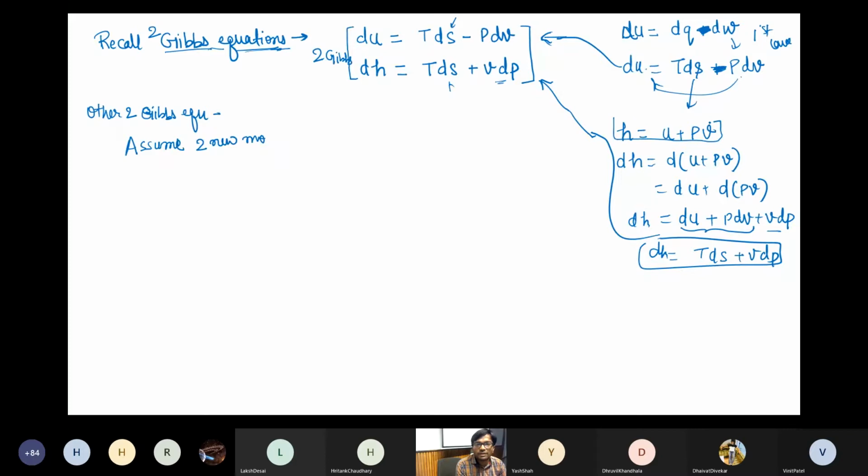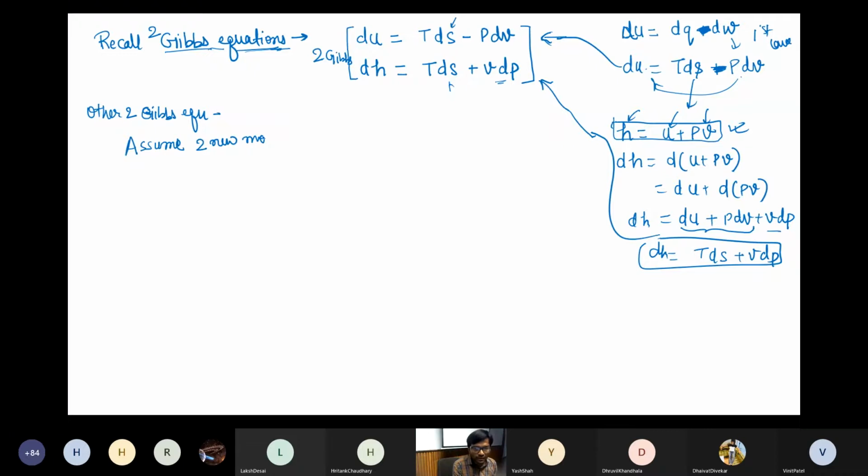Enthalpy was one of my modified variables. It has no implicit meaning; it is an addition of internal energy and flow work. That is how we defined enthalpy, a kind of modified variable.